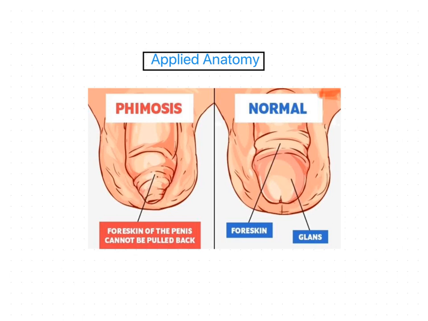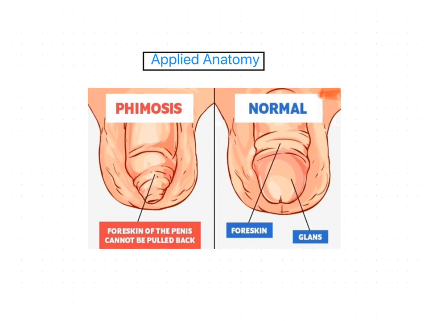So one condition is called phimosis. The preputial meatus may be very small or pinhole-like. So that means here this one is pinhole-like. The opening, the slit, is not present properly here. The individual experiences difficulty in passing urine as urine balloons the preputial sac and comes out in a thin stream.